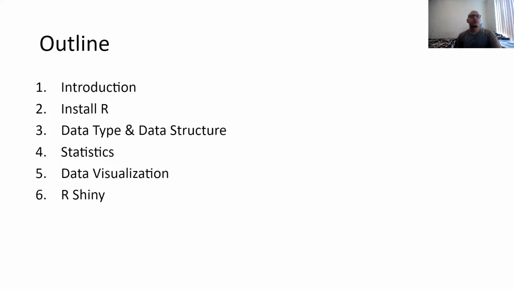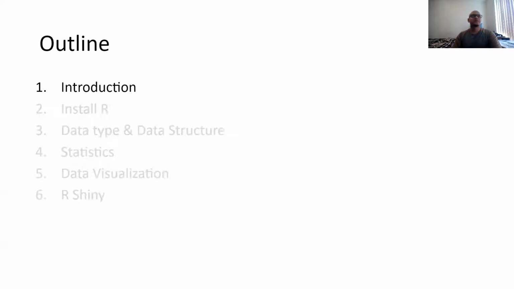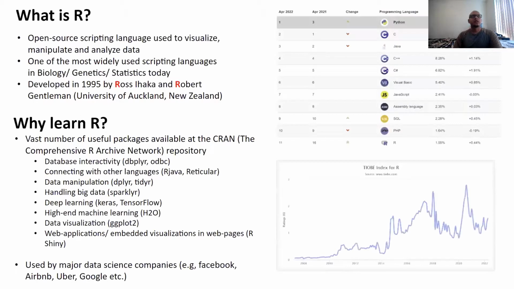They are introduction, install R, data type and data structure, statistics, data visualization, and the use of R Shiny. First, I will cover the introduction to R and how to install R, and afterwards, other group members will cover the rest of the discussion points.